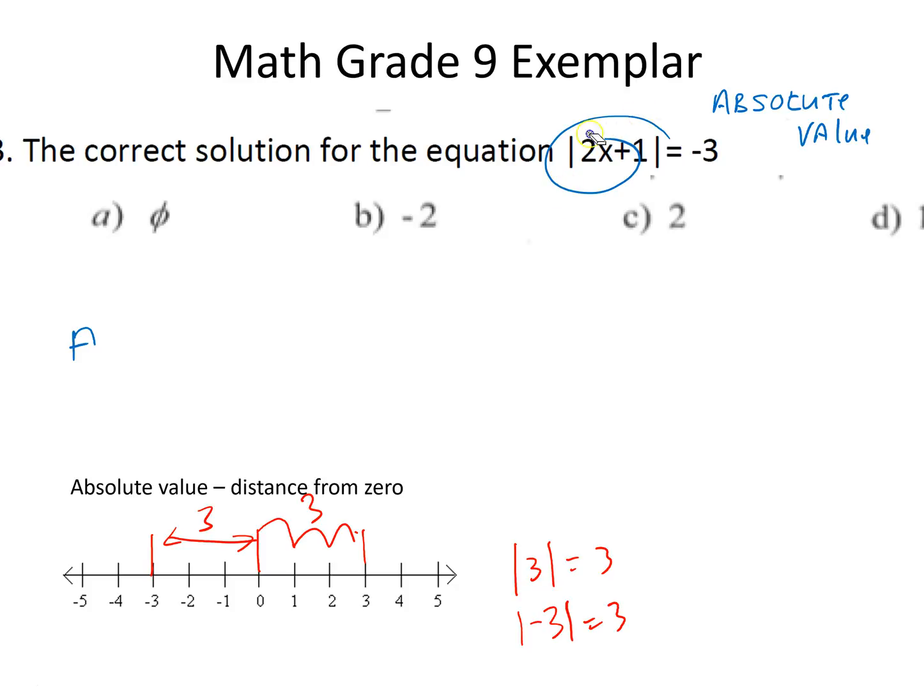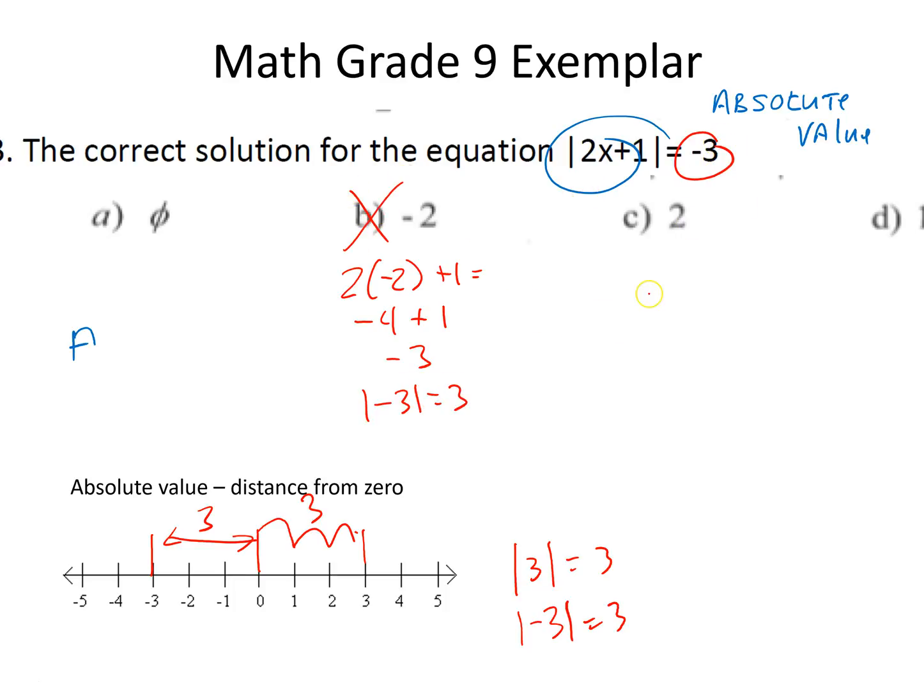So if I just put the numbers in, 2 times -2 plus 1 is equal to -4 plus 1, which is -3. Well, the absolute value of -3 is 3, not -3.